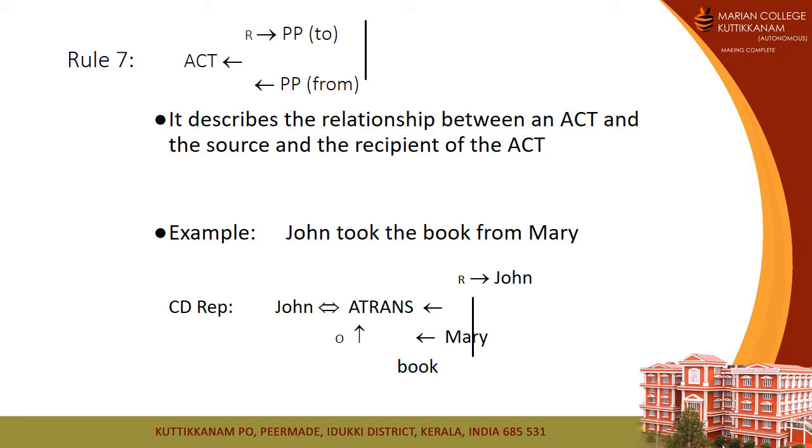So that is represented by John. ATRANS is a primitive action which means transfer of an abstract entity, with John and Mary. That transfers the book there. So John transfers the book from Mary.